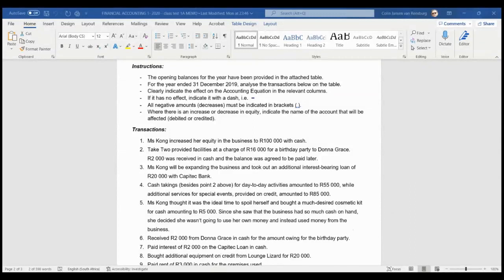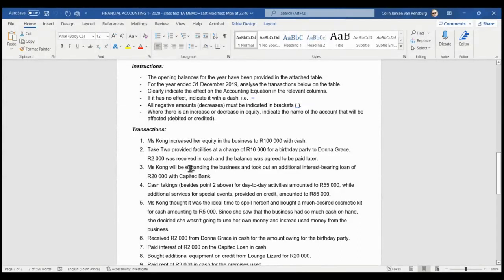Okay, so now let us go to the third transaction. They say Miss Kong will be expanding the business. So she wants to grow the business. She might want to buy a bigger variety of cigars, or a bigger variety of drinks, or she might want to put in more chairs or more seating, a few nice leather couches that are very comfortable.